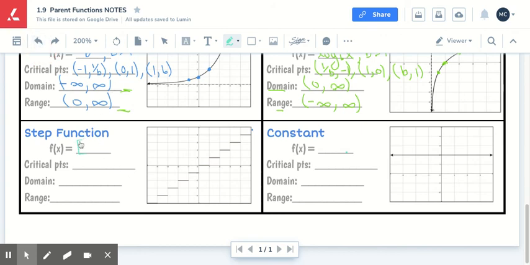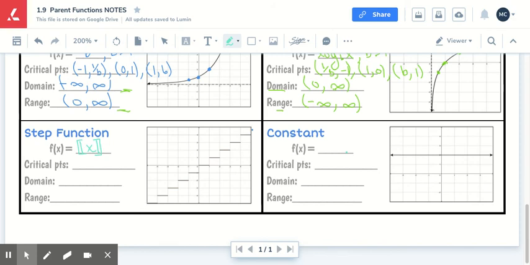Okay, so it is a bracket with 2 bars on it, and then an x, and then there's a closed bracket here again with 2 bars on it. And it's called a step function because it looks like stairs, essentially. It's just a bunch of little horizontal lines.